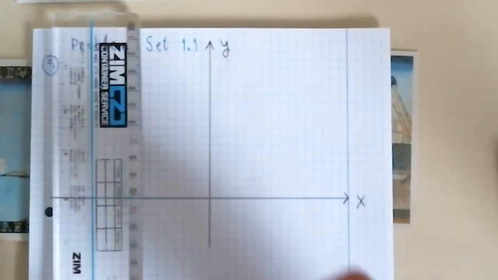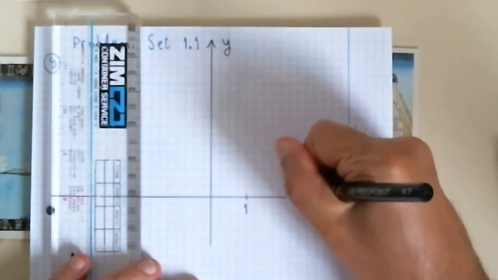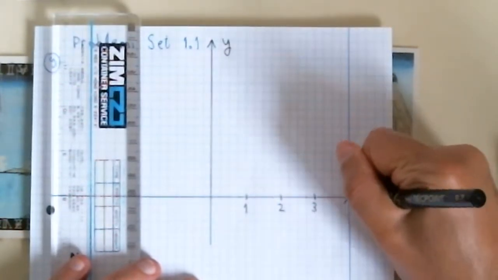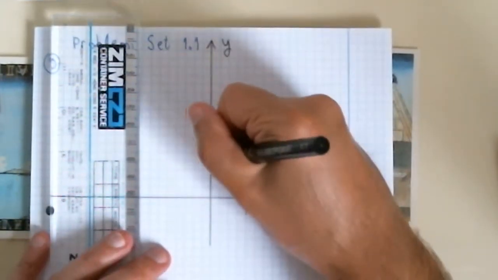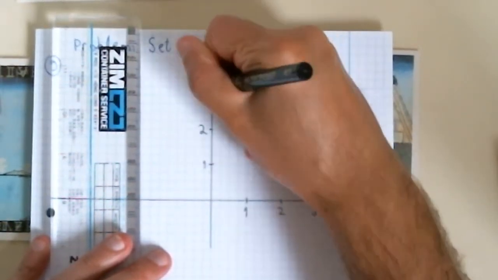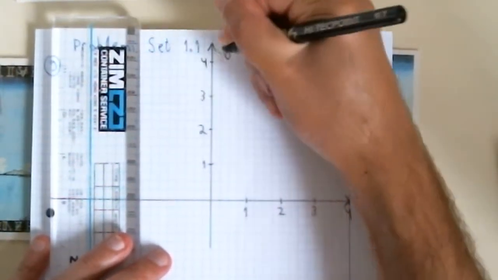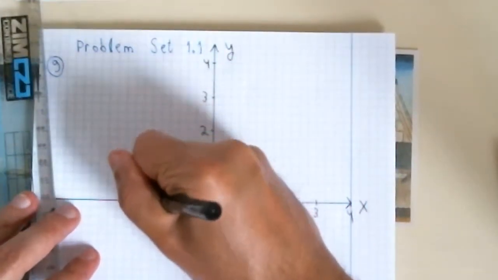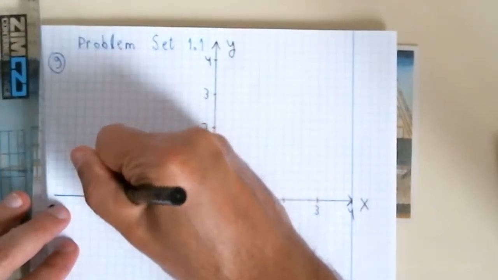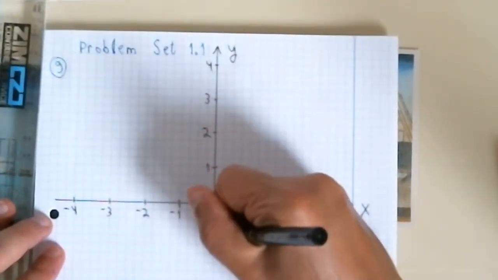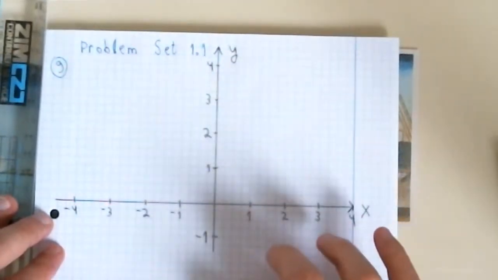Okay, so this is 1, 2, 3, 4, 1, 2, 3, 4, minus 1, minus 2, minus 3, minus 4, and minus 1, and if we need more, we'll make more.